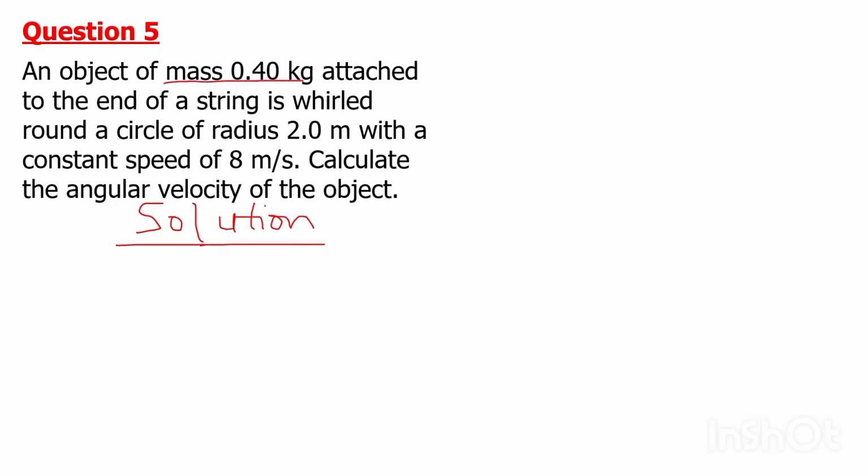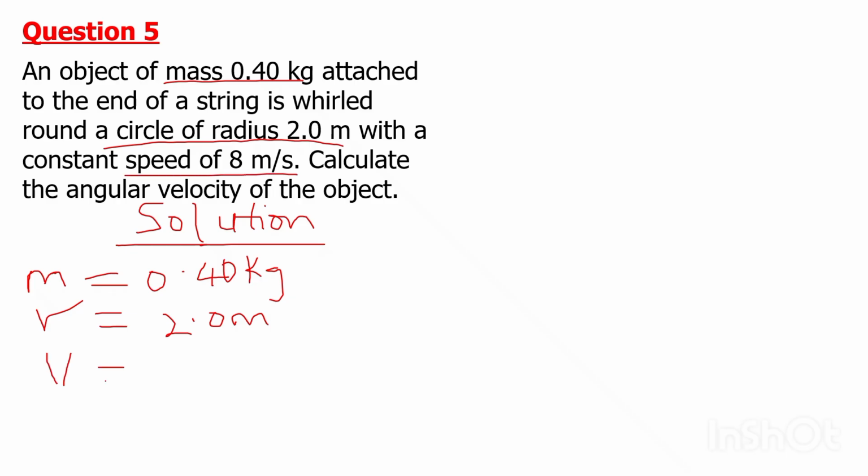The mass is given as 0.40 kg. Radius is given as 2.0 meters. Speed is given as 8 meters per second. Calculate the angular velocity. Omega is what we are looking for.